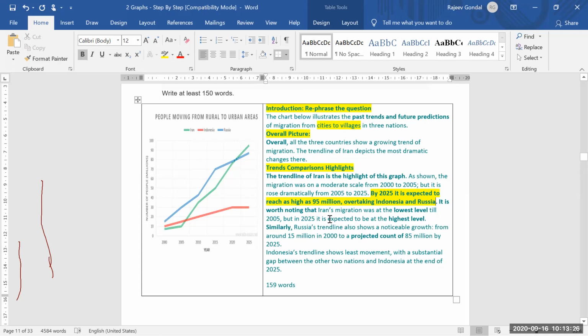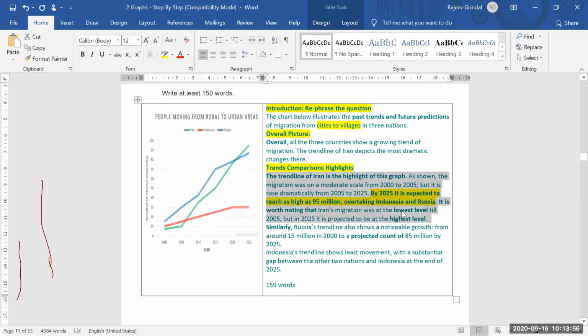Actually, it is 2005, not 2025. Now see, again, instead of expected to be, you can say it is estimated or projected. It is projected to be. This is a better word: projected to be at the highest level. Now see, we are done with Iran, and as Iran is the highlight, we have devoted one big paragraph to Iran itself.